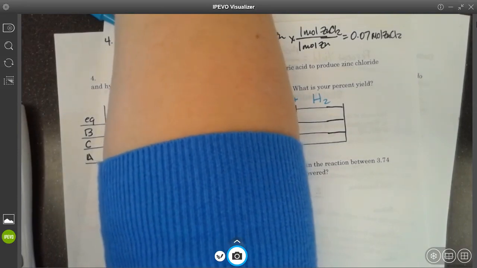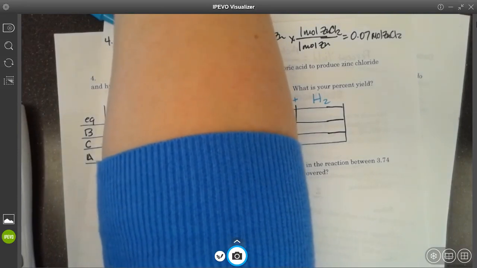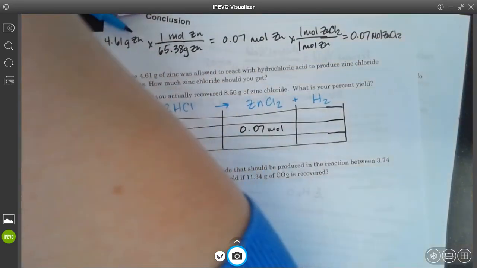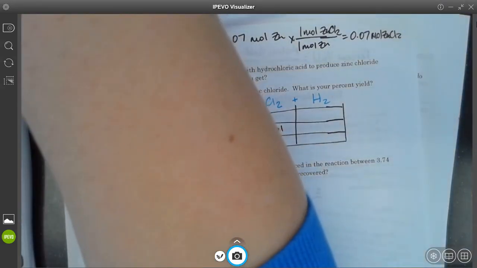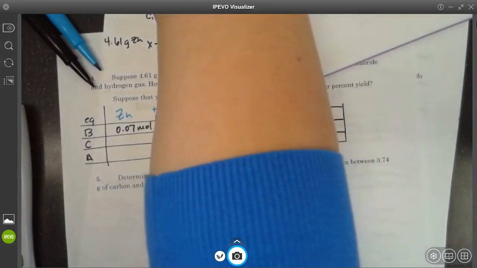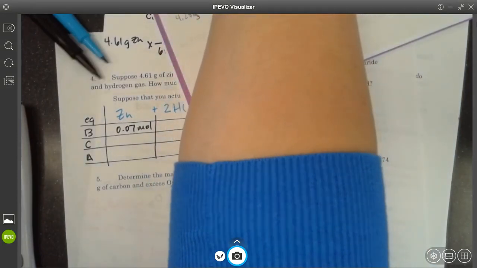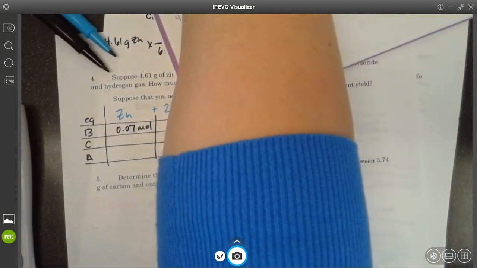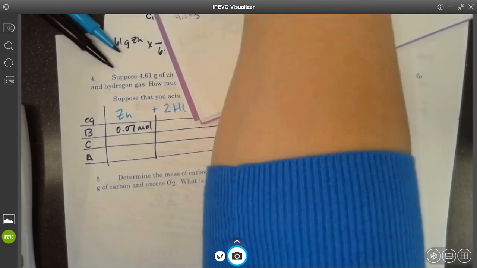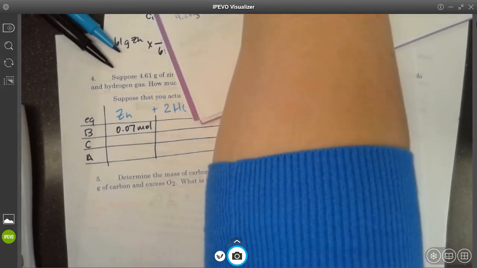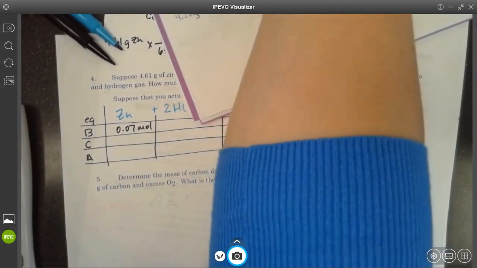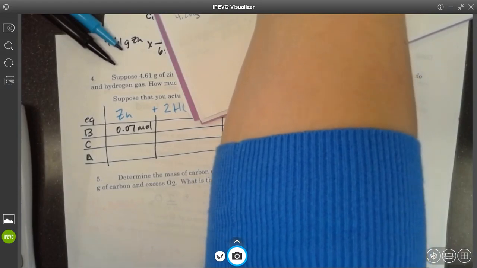So then I lose 0.14 moles of this, because it's all going to be gone. So what's going to end up happening is that after here you have 0 moles of zinc left, you have 0 moles of this left, you've gained 0.07 moles of that, and you have 0.07 moles.